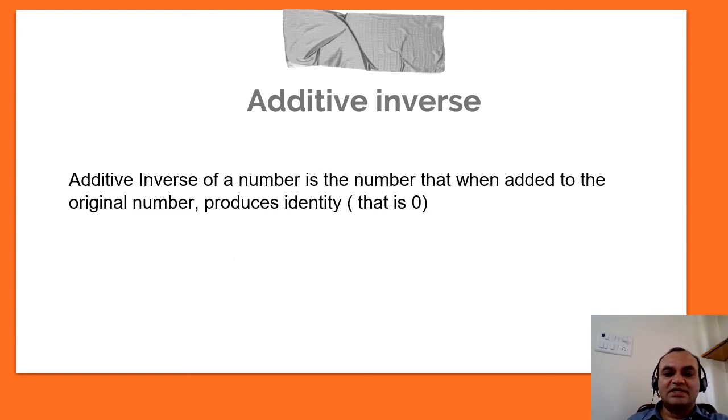Now let's look at another concept, that is the additive inverse of a number. The additive inverse of a number is another number that when added to the original number produces the identity, that is, it produces 0. This is a general concept about any operator. If you have a number, we want to find its inverse, and that inverse will nullify the effect of that number and produce the identity.